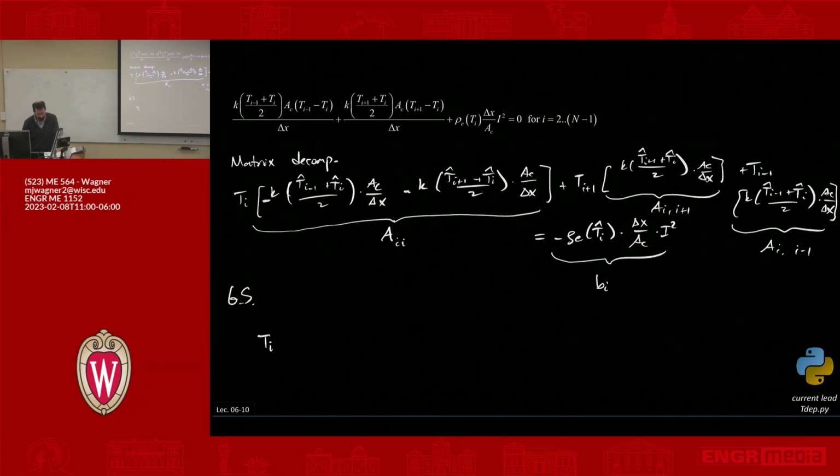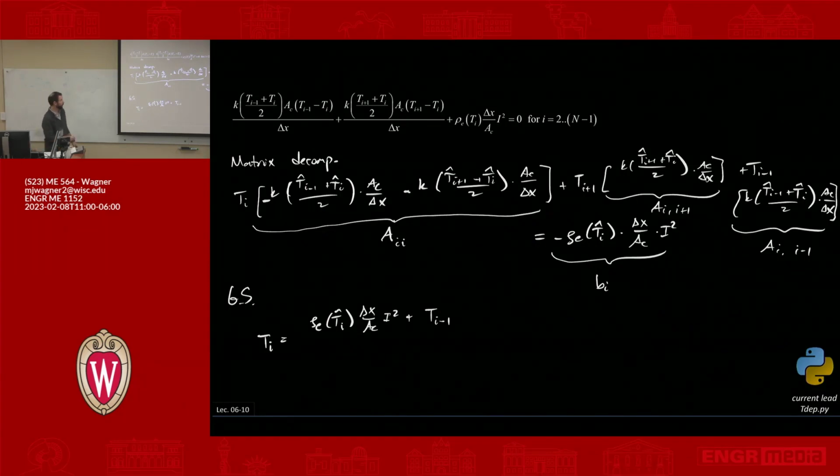equation. I end up with Ti is equal to, there's a big mess of stuff here. So it's rho e, which is a function of Ti, but that's T hat i, right? And then delta x over AC, i squared, plus Ti minus 1.